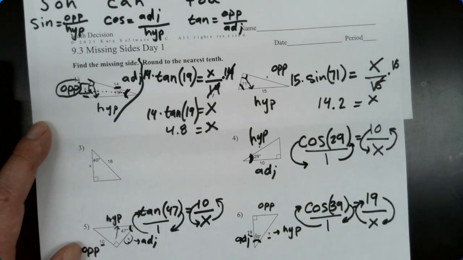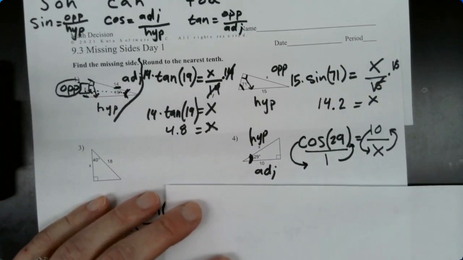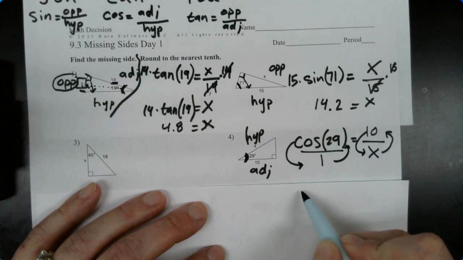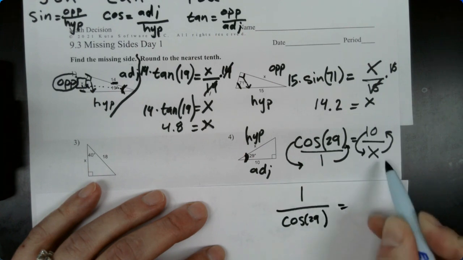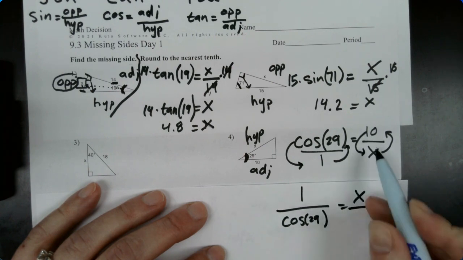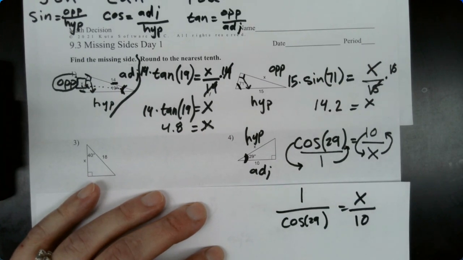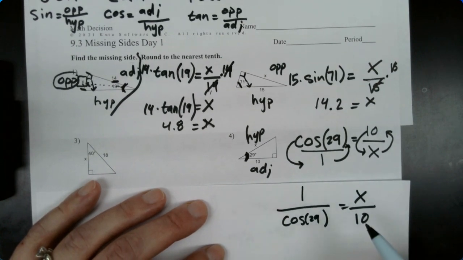Now we put 1 on the top, cosine of 29 on the bottom. Then we've got x on the top, 10 on the bottom. So what's next? I think that means multiply.